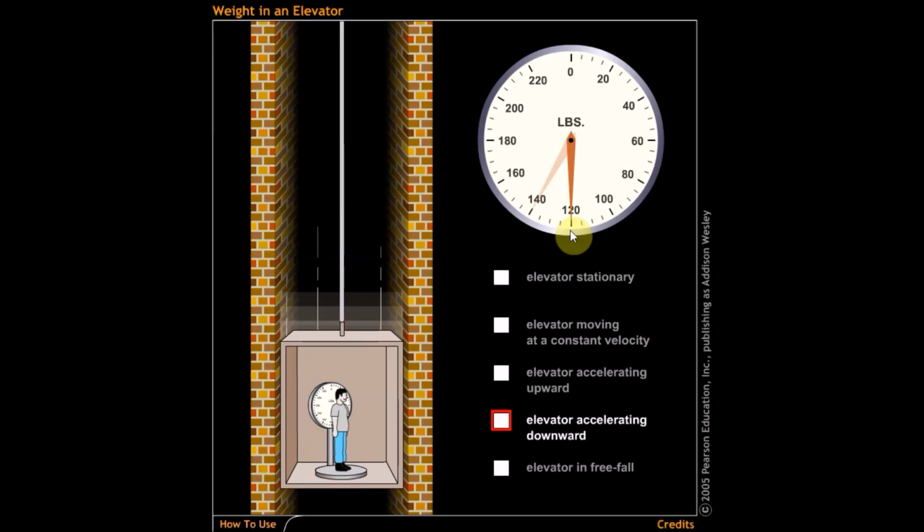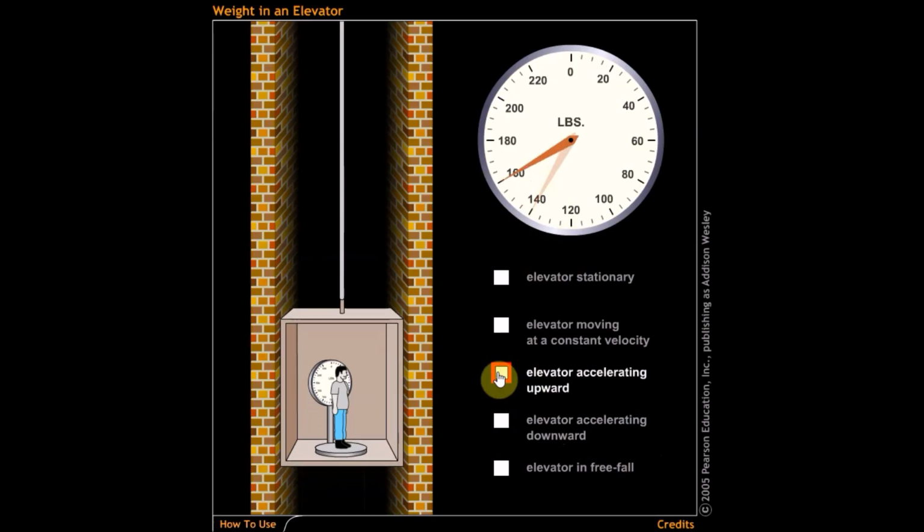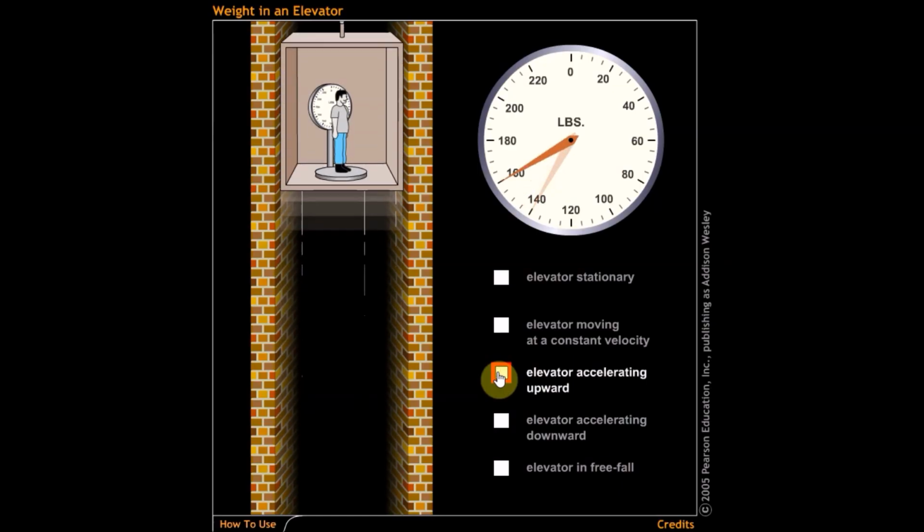So accelerate downwards with gravity and you should see a reduction in the overall weight that's shown on the scale, due to the forces being diminished on him, given his direction of acceleration. If he accelerates upwards, you should see an increase in his apparent weight.